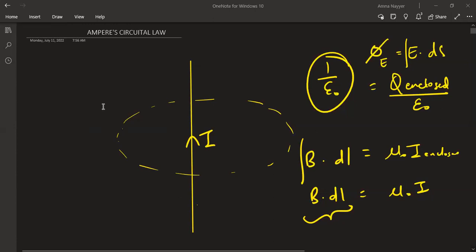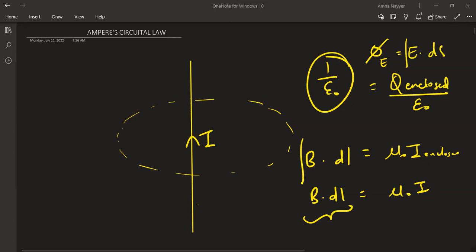Ampere's circuital law says that the line integral of the magnetic field, meaning integration of B dot dl, the current element that is present, is mu naught times the current that is enclosed.